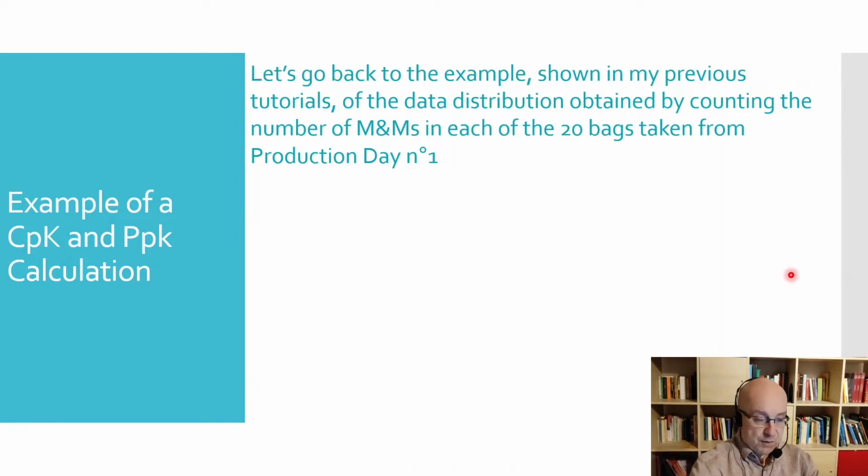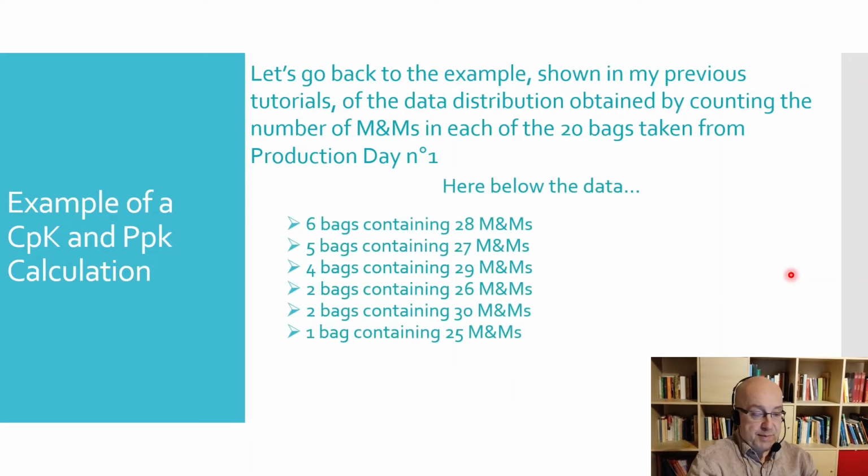If you remember, in my previous tutorial we were talking about MMM's Corporation, production day number 1, a new primary packaging machine designed to pack bags of M&Ms with 2 specification limits. The data are represented here, the same data shown in previous tutorials.